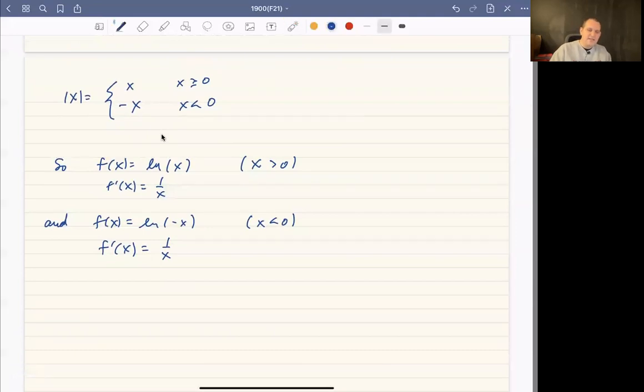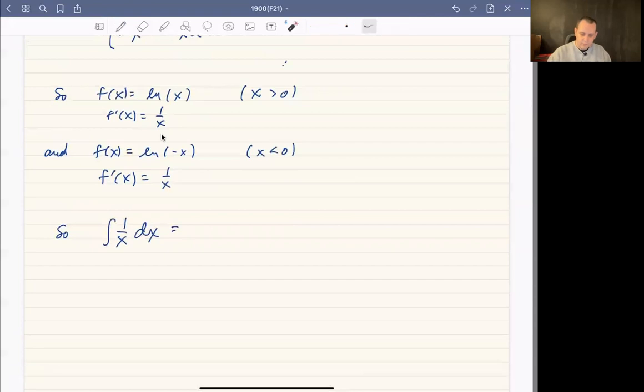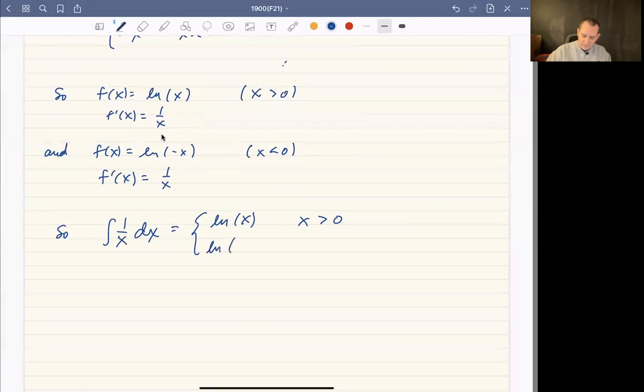But this presents a slight wrinkle, a slight complication, when we talk about anti-differentiation. What's the antiderivative of 1 over x? Well, if x is positive, then the antiderivative would be the natural log of x. And if x is negative, then it's going to be the natural log of negative x.